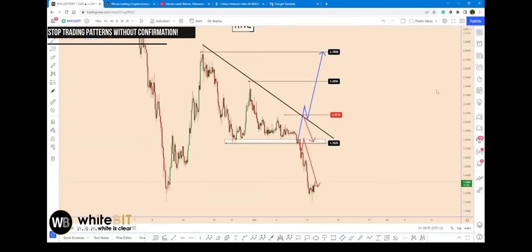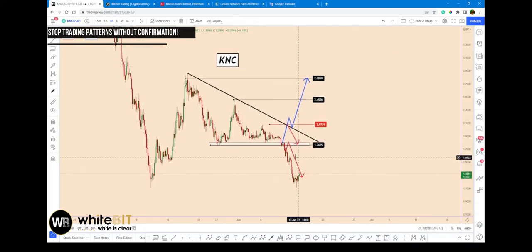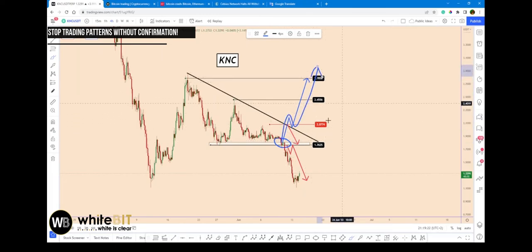Not all the patterns can be traded with confirmation, but we have some beautiful ones that almost all of them had confirmation. These are our previous scenarios that I left on the chart since the previous market outlook. During the previous time price was close to the support area, and I explained the possible scenarios: if price is going to move higher above the pattern, chances are that it should continue moving higher.